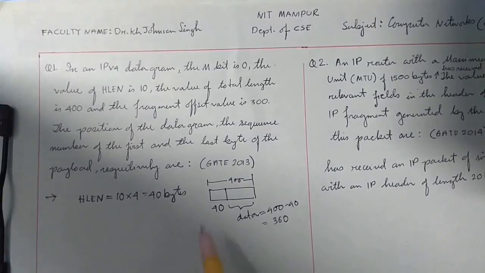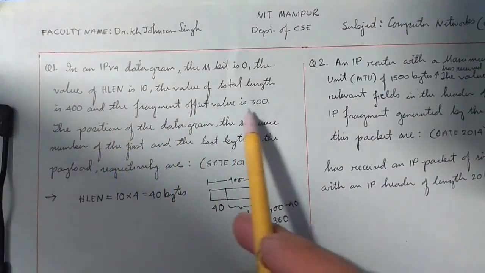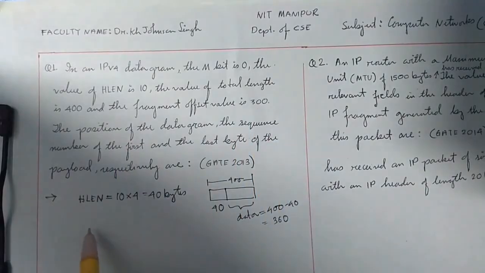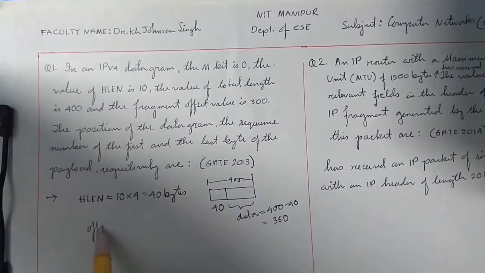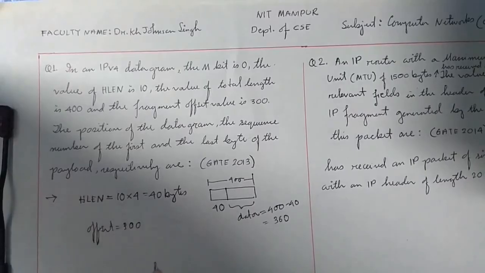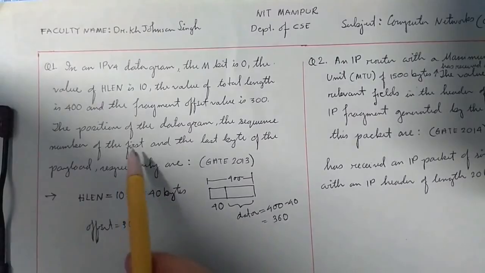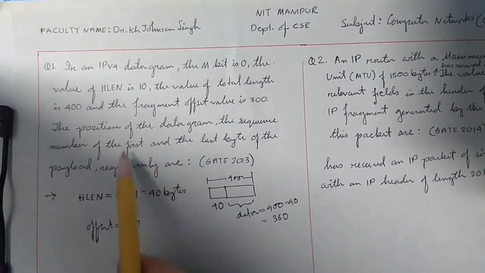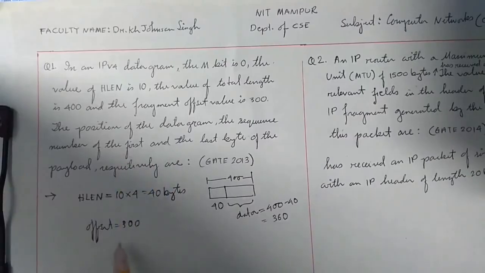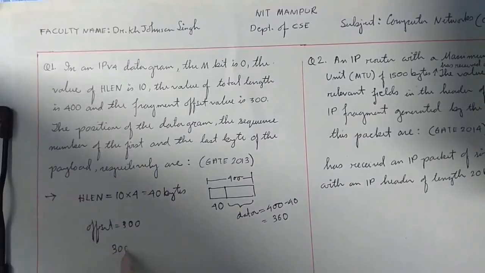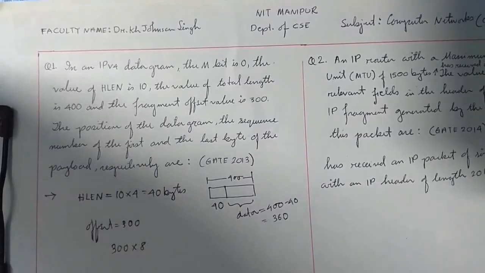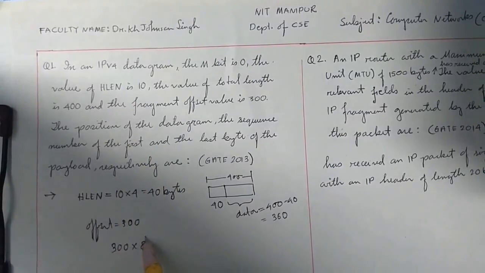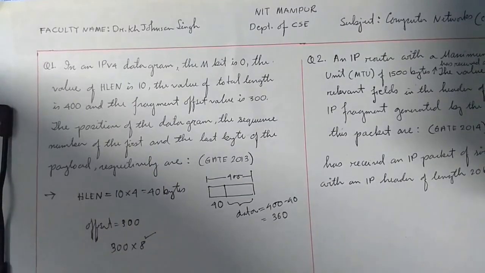Next, what is given? The fragment offset is already given as 300. When the offset value is given as 300, in order to find the sequence number of the first byte of the fragment, we need to simply multiply the fragment offset by 8, because the offsets are always in terms of 8 bytes.